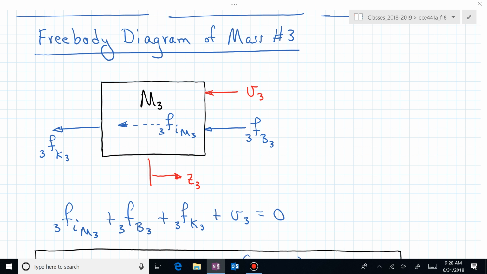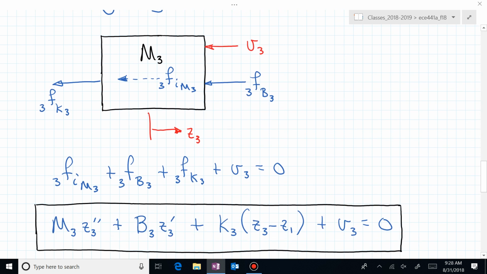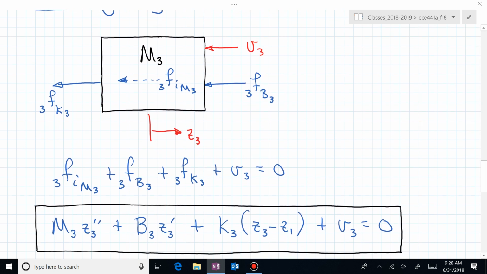Meaning v sub 3 in this set of equations is on the same side of the equal sign as all of the force expressions. And we end up with a z3 double dot, or z sub 3 double prime, the acceleration of mass 3, coupled with z1, and it's influenced by the externally applied force v sub 3.